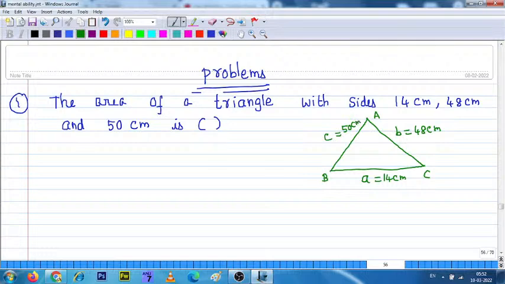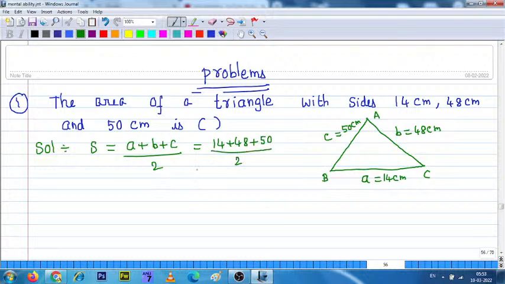So when the sides of the triangle are given, we need to use Heron's formula. First step is we need to find the S value. S is the semi perimeter, that is A plus B plus C by 2. So adding, 14 plus 48 plus 50 upon 2.